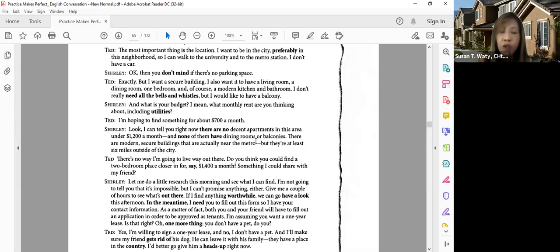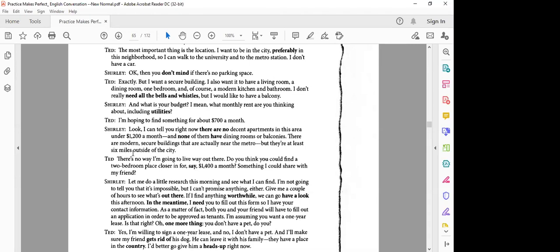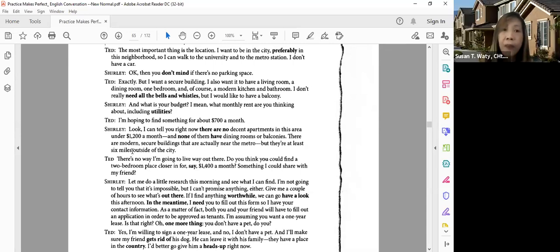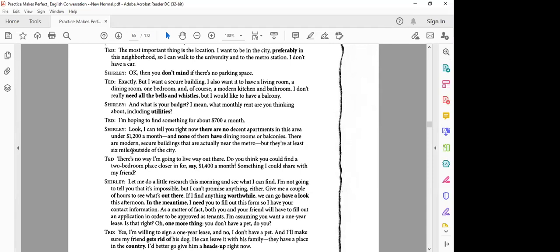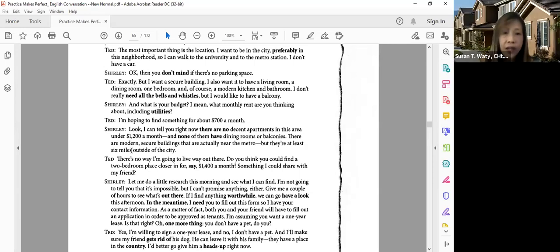The plural nouns, remember to pronounce the s. Buildings. Balconies. Balconies. It's balconies. Yes, there you go. Okay, perfect. Balconies. And then buildings.